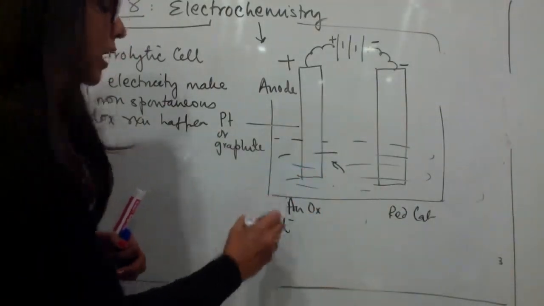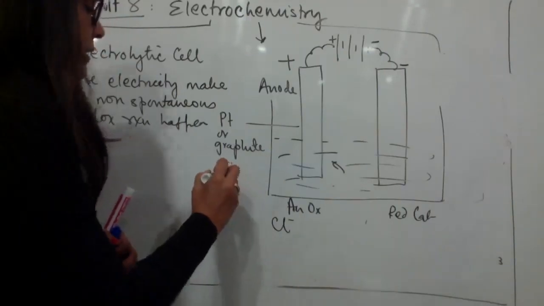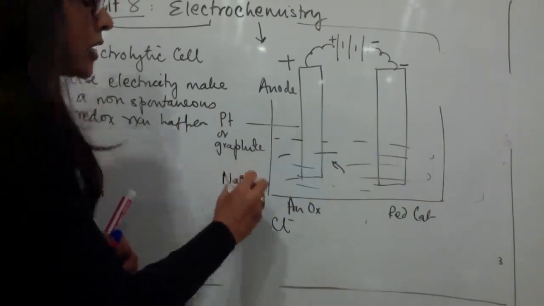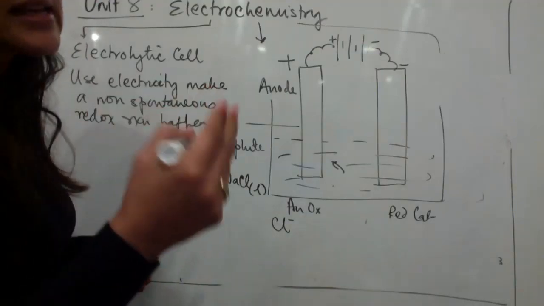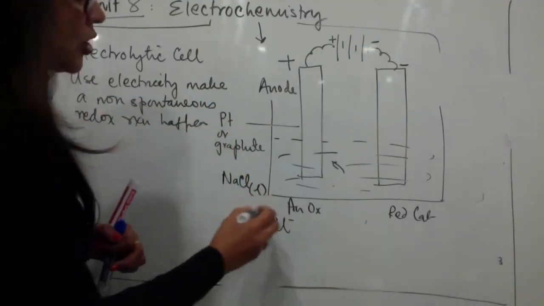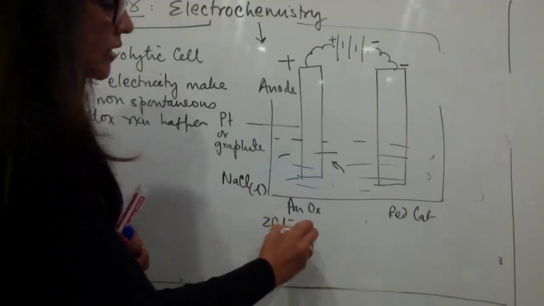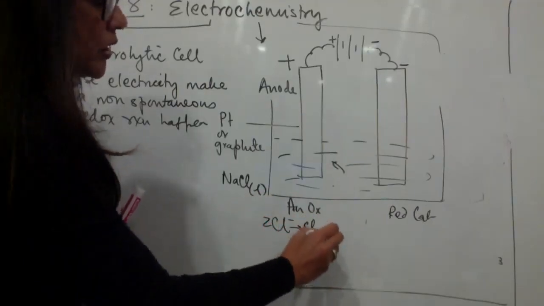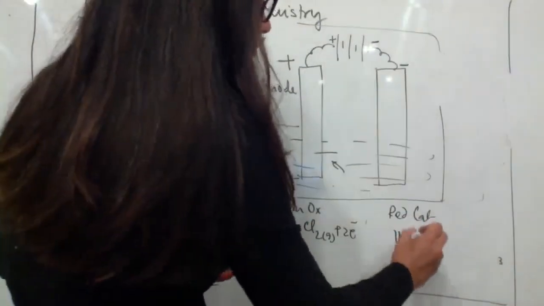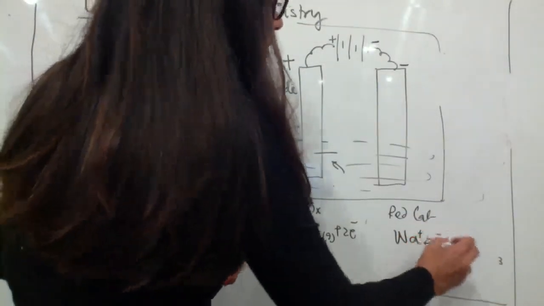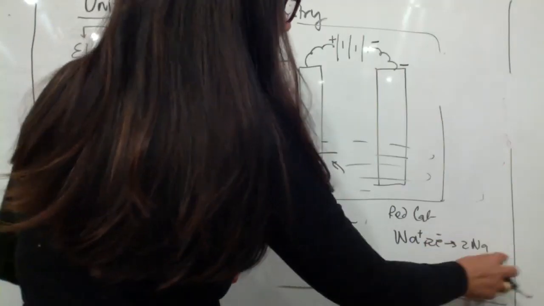If you are electrolyzing liquid NaCl, not aqueous, guys, there's a difference because in aqueous there's water too. Then there is selective electrolysis, right? Two chlorides lose electrons to form chlorine gas plus 2 electrons, and sodium ions accept electrons to form sodium atoms.